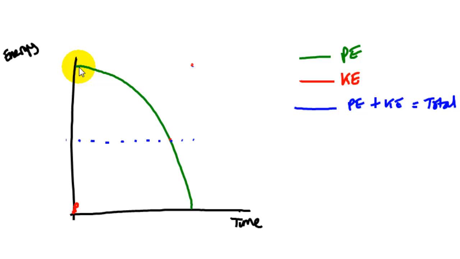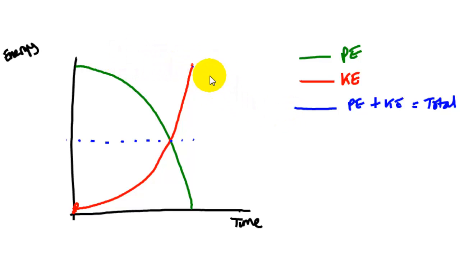But then, as it loses potential energy, that potential energy is changed into kinetic energy. So it starts off with 0 kinetic energy, and at the end, when the potential energy is 0, the kinetic energy is a maximum. In fact, it's equal to what the potential energy was in the first instance, so all the potential energy is converted into kinetic energy.